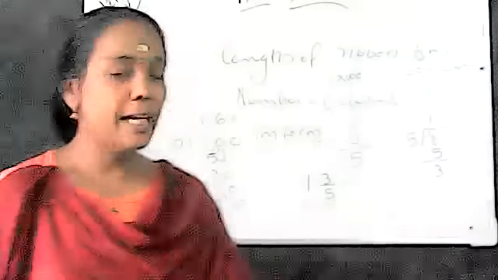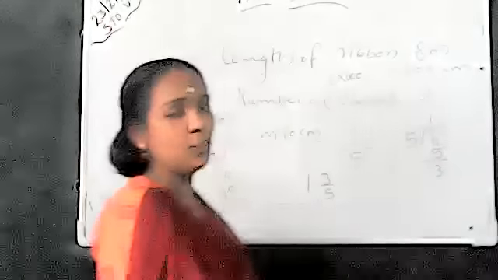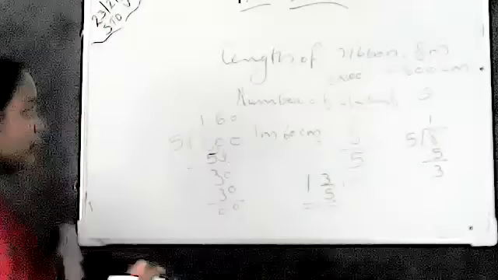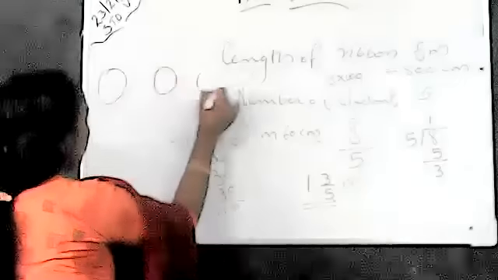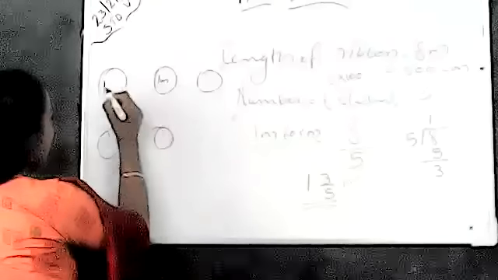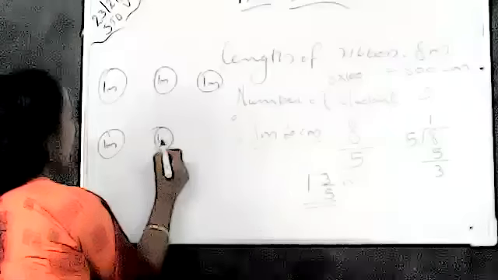Okay. 8 meter long ribbon equally divided among 5 children. In 5 children there are 1, 2, 3, 4, 5. Each one gets 1 meter, 1 meter, 1 meter, 1 meter and 1 meter.